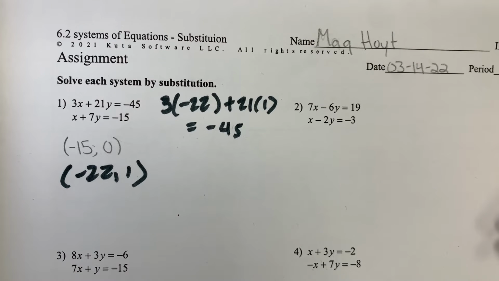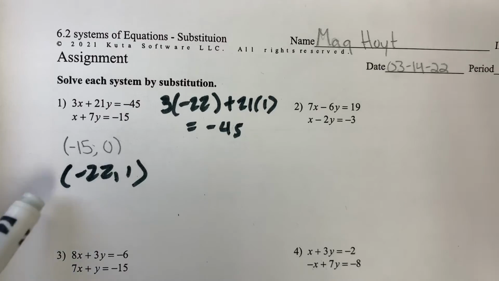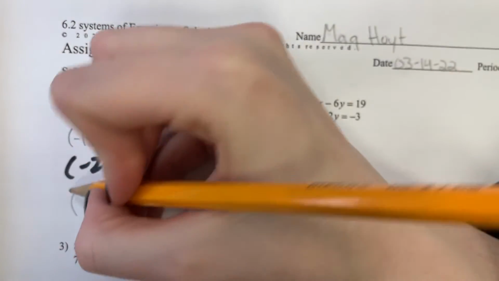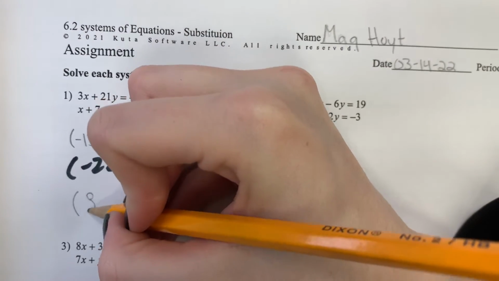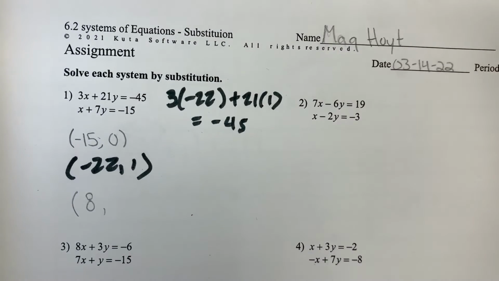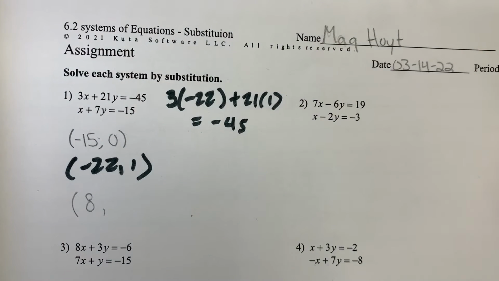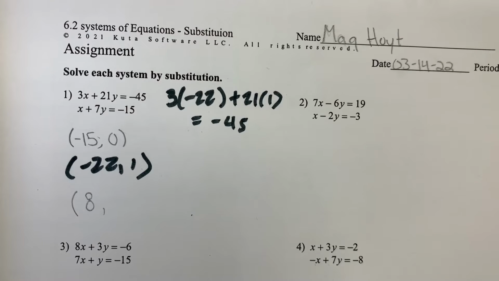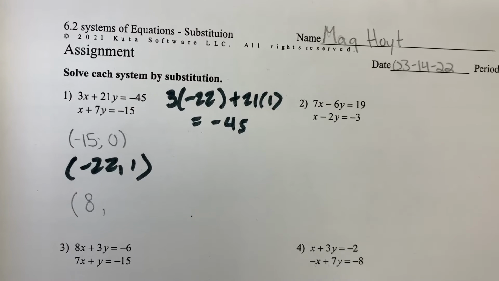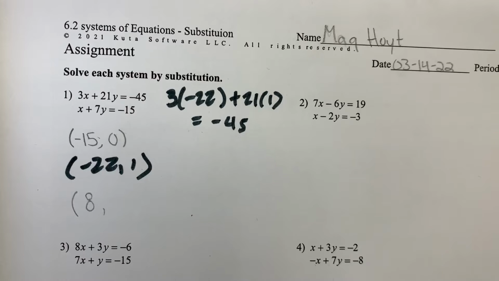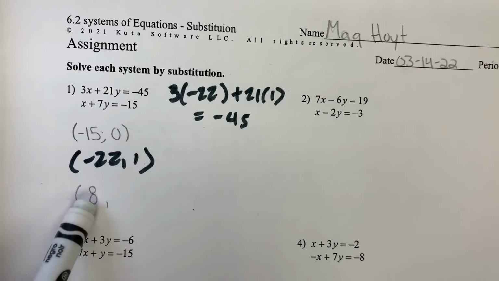Do you want to start with a y, or do you want to start with an x? We could do x equals positive 8. So positive 8, plug 8. Comma. And then it would be y equals 1, and then you would do, no, because it has to be negatives. Maybe we can do negative 8.